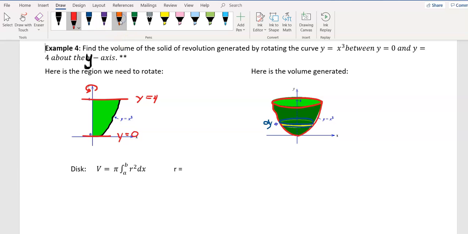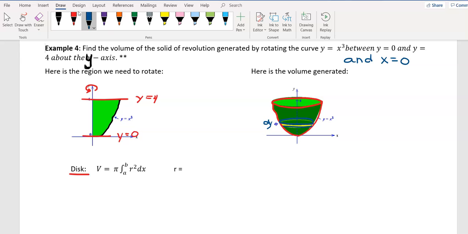So we need to look at this function here that we drew, our cubic. And because we're dealing with a disk, there is no hole or gap that's happening here. We are only going to have one radius. And you know what? I was remiss to mention before that we should really have another restriction on our graph here.